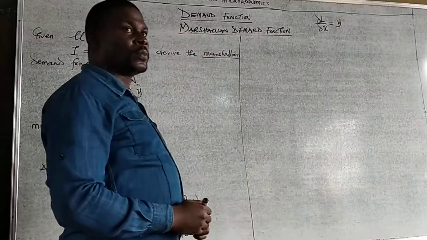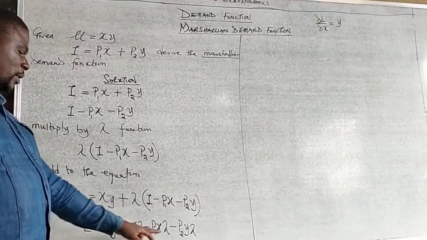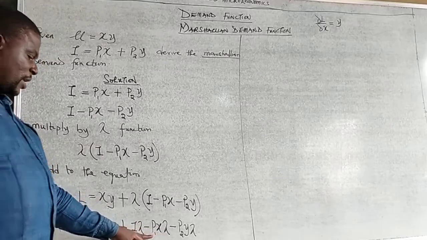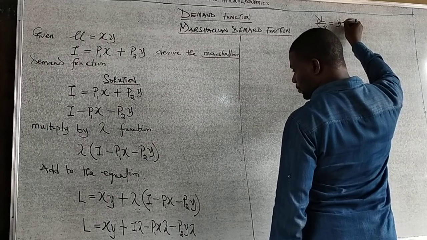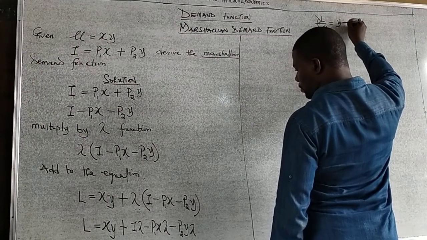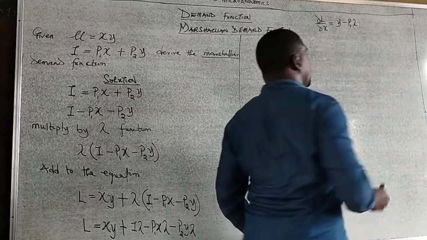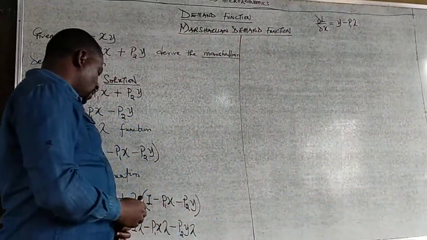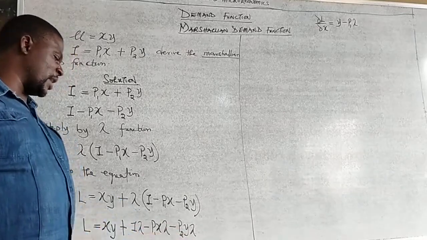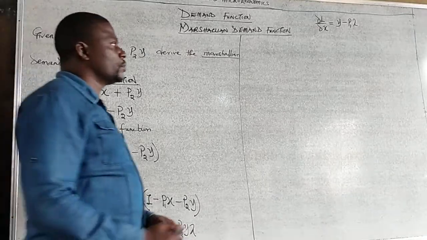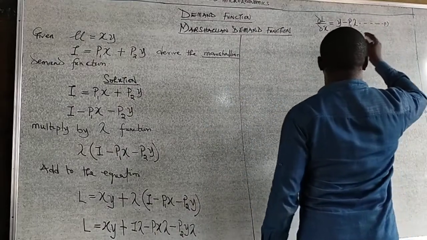Now this one, does it have x? No. You throw it away. This one, does it have x? Yes. If you differentiate it, what will it be? P1 lambda. Minus P1 lambda. Then this one, minus P2y lambda, does it have x? No. So you can call this equation 1.